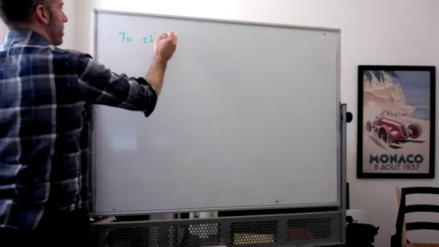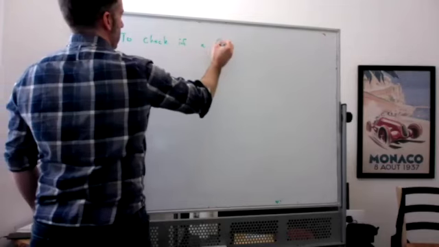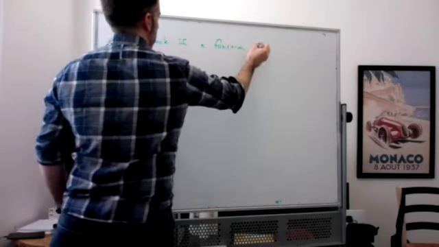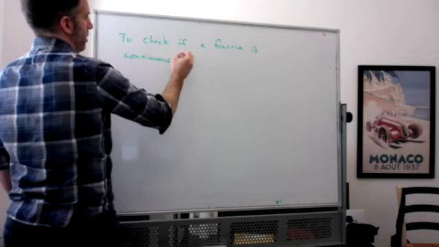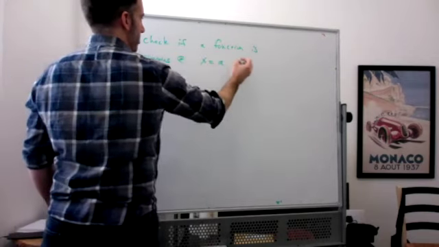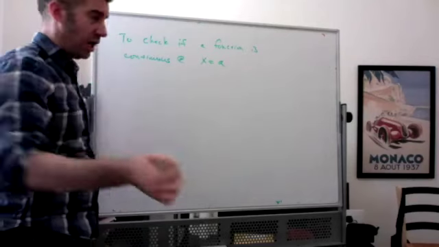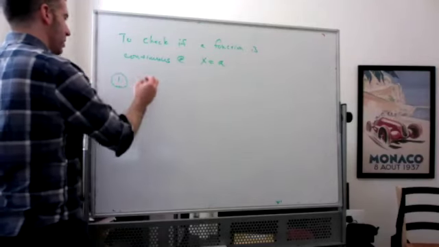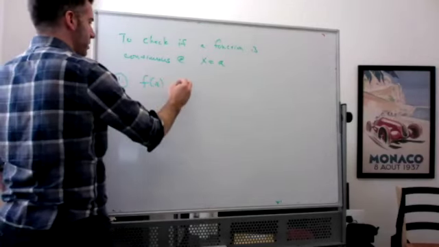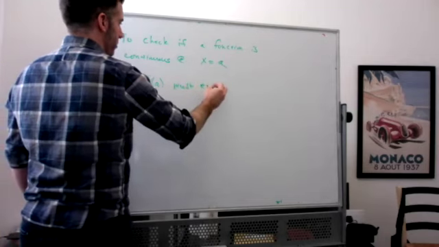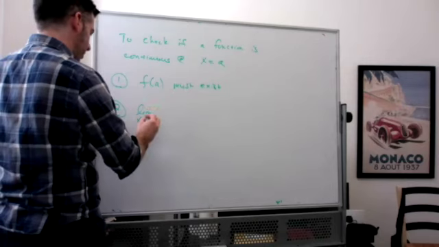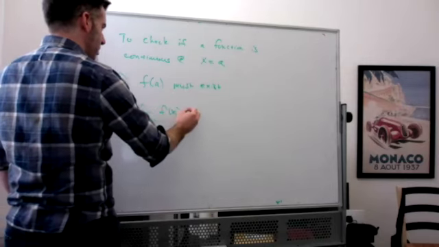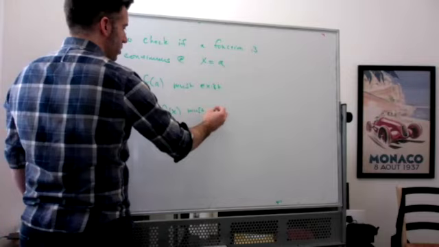To check if a function is continuous at x equal to a, there are three things to check. One, f of a must exist. Two, the limit as x approaches a of f of x must exist.